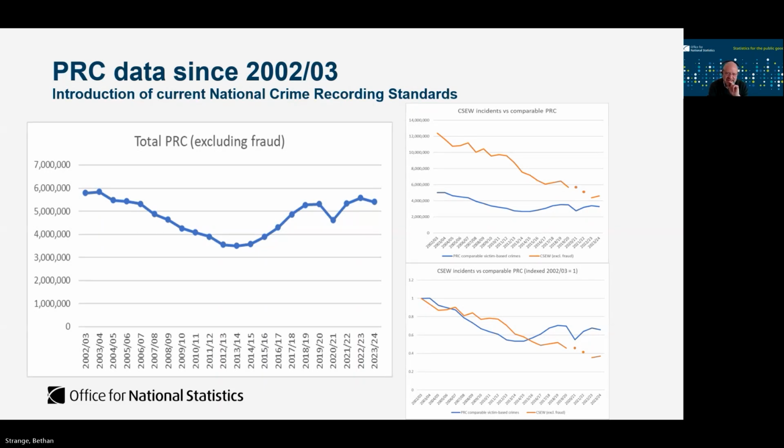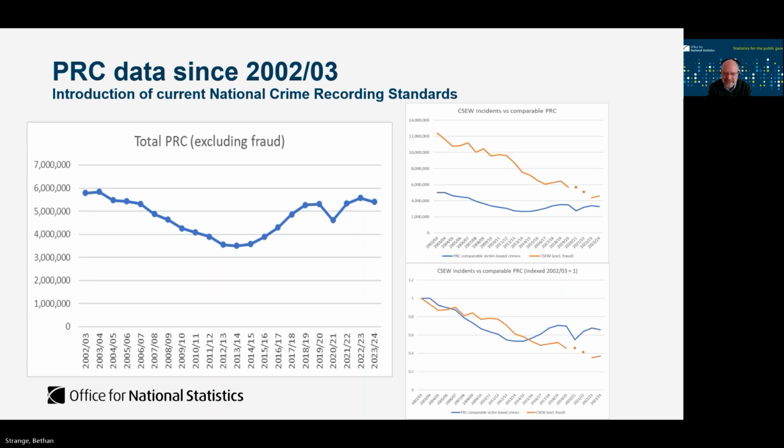The charts on the right-hand side are just showing you how comparable crime in the police data set compared to what we measure in the crime survey has changed over time. So the top one just shows total number of incidents, how that's changed and come closer together over time. And the bottom one is again an index showing the rate of change.